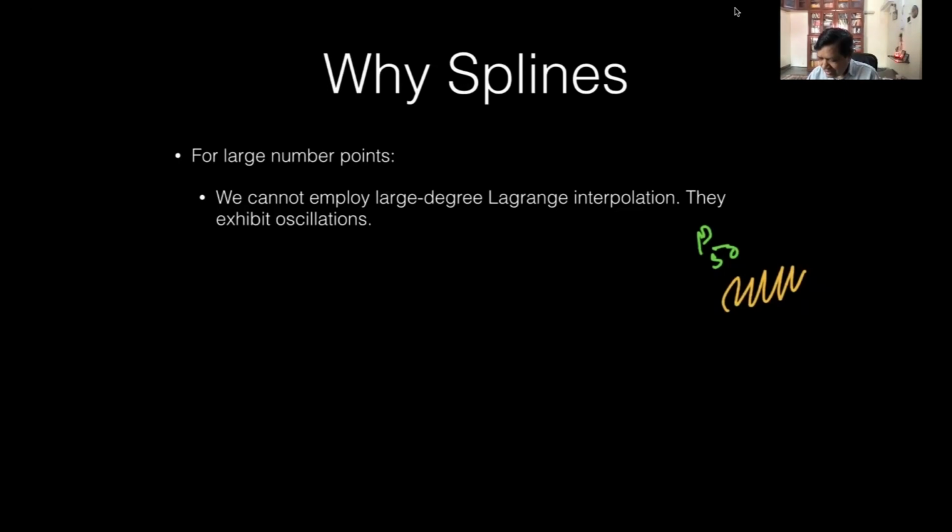So the idea is to do piecewise interpolation. Let's say we have lots of points like this. Now I can do Lagrange interpolation to these 3 points. Then I do Lagrange interpolation to these 3 points, which is looking good actually. Then Lagrange interpolation to these 3 points.